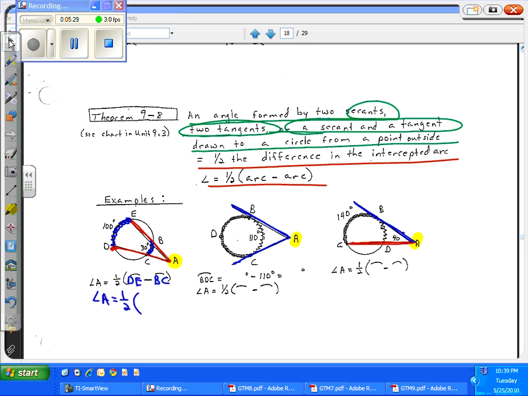So angle A is 1/2 of their difference, which is 100 minus 30. 100 minus 30 is 70. So angle A is half of that. And so angle A is 35 degrees. Okay.